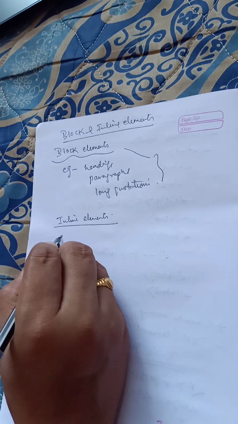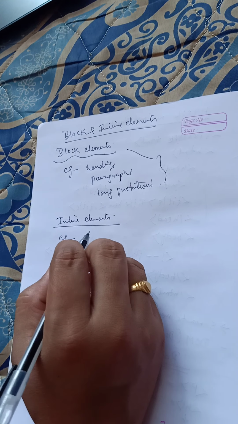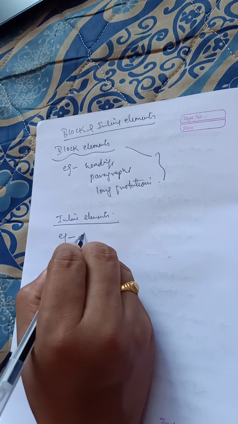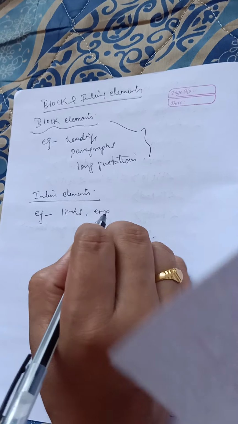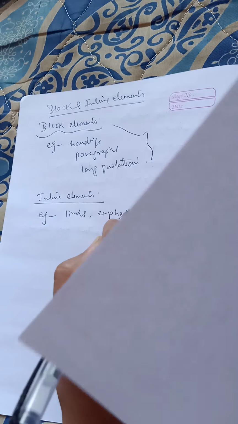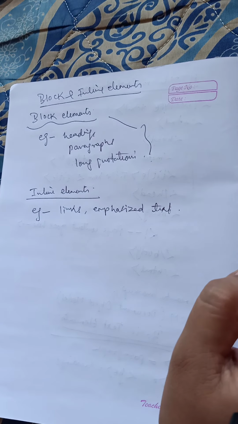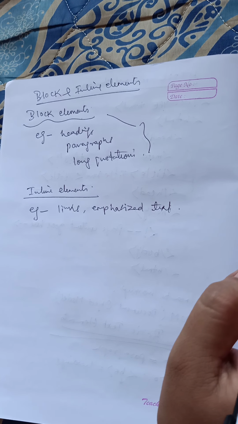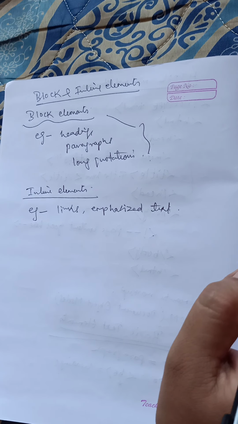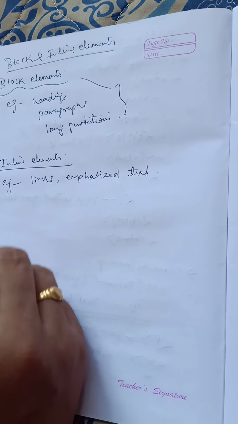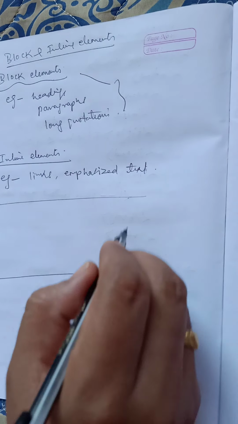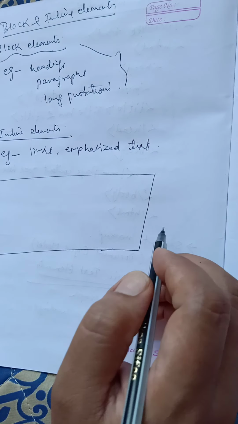For example, we have our links, then emphasized text, etc. So how do they look? Suppose this is my browser.